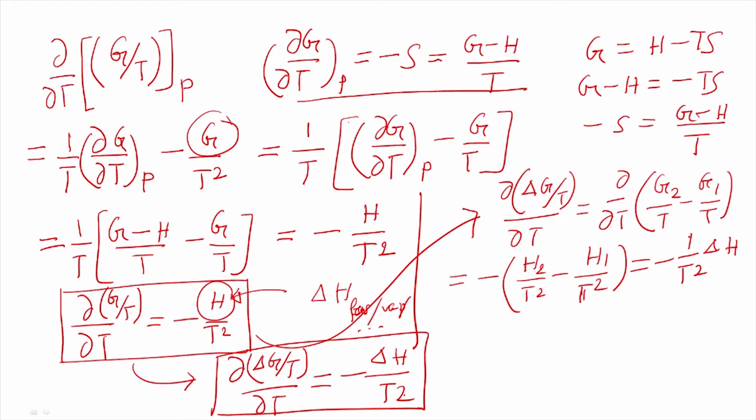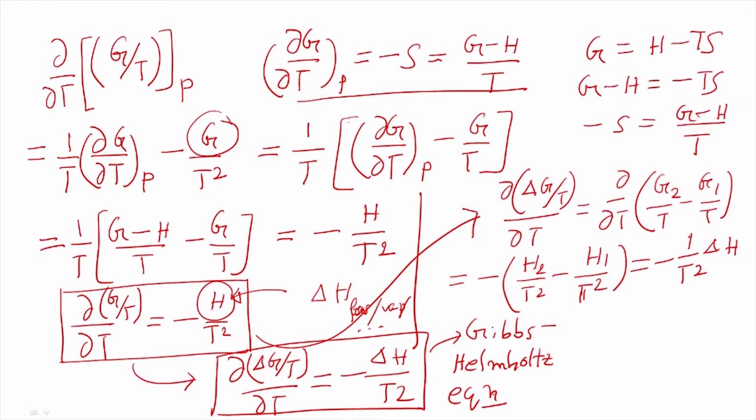Either form is known as the Gibbs-Helmholtz equation. This will be very important when we discuss phase transition.